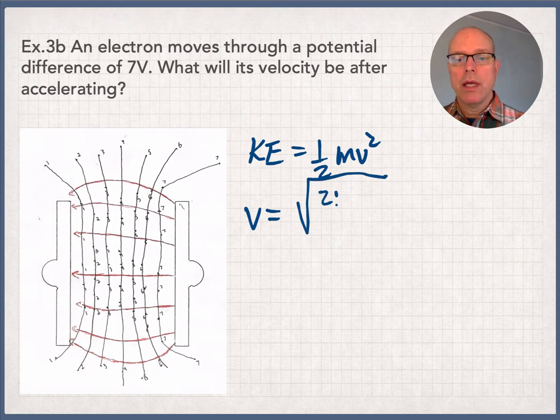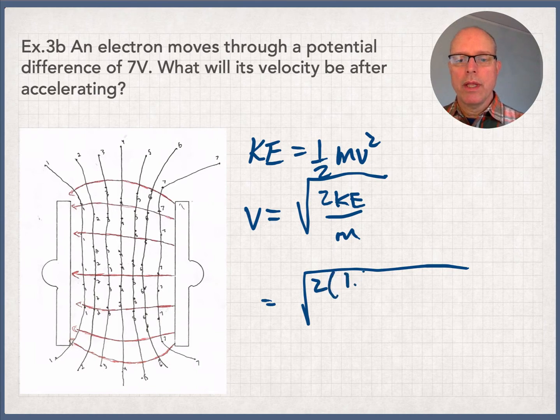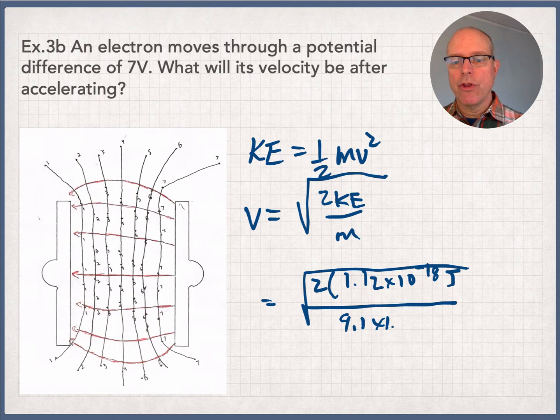We got the square root of 2 KE over m, and we'll plug in our numbers. So square root of 2 times 1.12 times 10 to the negative 18 joules, and we'll divide it by the mass of the electron, which is really small, 9.1 times 10 to the negative 31 kilograms.